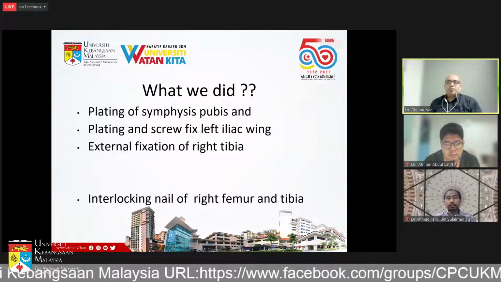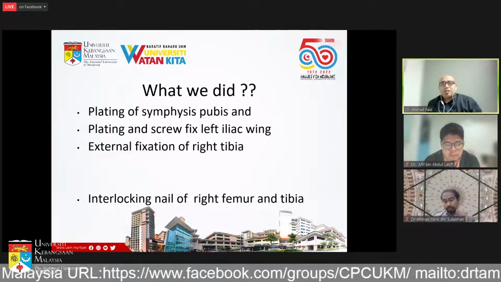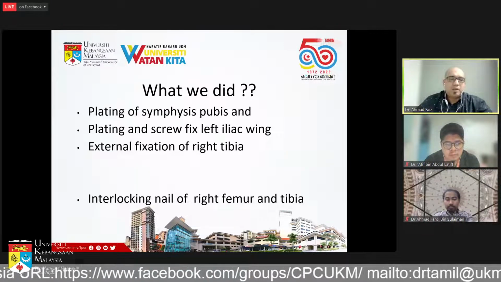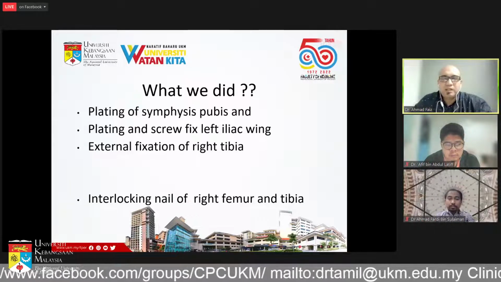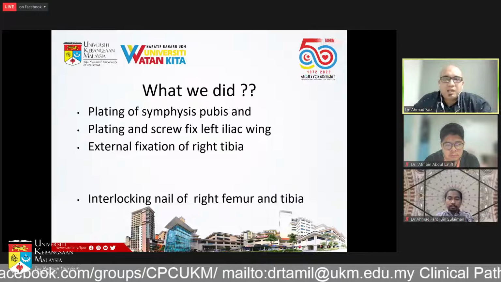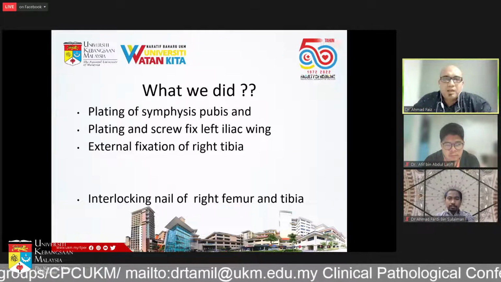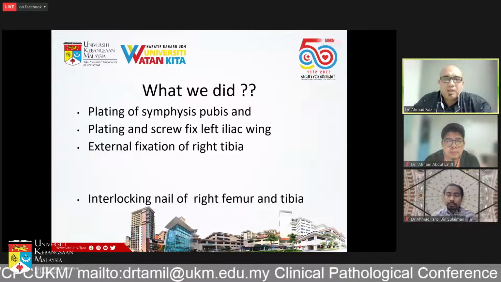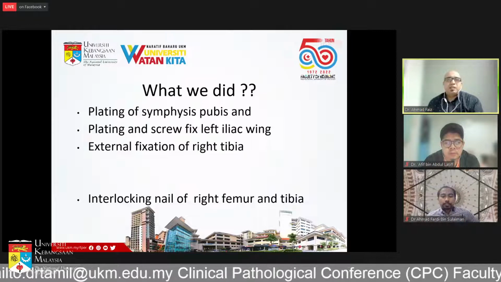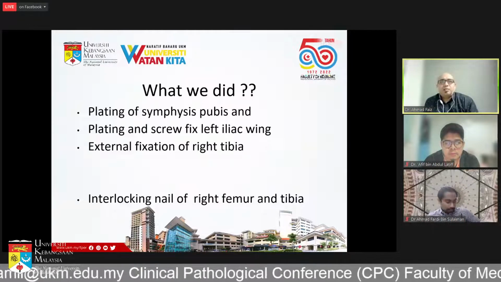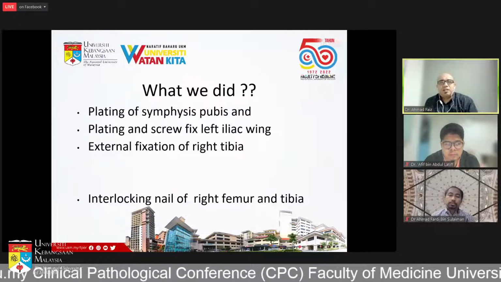So for this patient, after resuscitation in the ED and temporary stabilization, the patient was considered hemodynamically stable to go into the operation theatre, where we did plating of the symphysis pubis, plating of the iliac wing, and also external fixation of the right tibia.